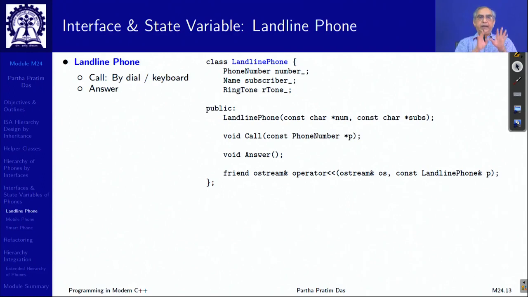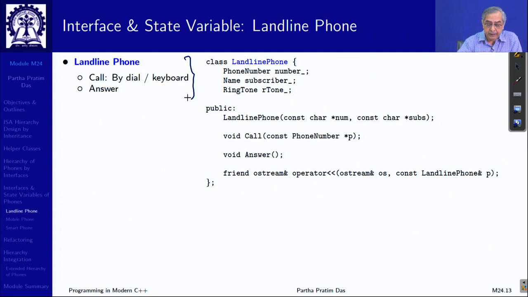So, I take every concept and, based on the interface I have already identified in the hierarchy, I try to write a class corresponding to that. Interfaces will become member functions, and using the helper classes, I will try to identify a set of state variables or data members that will be required to support these interfaces.